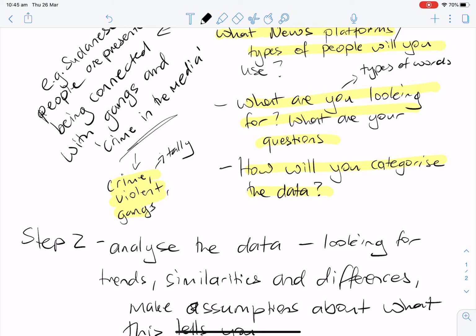Or if you're doing an interview, how are you going to categorize that information? Are you going to look at positive associations with that cultural group as they've migrated, negative associations? How is that going to work? If you need help with figuring that out, please let me know and I can help you with that.